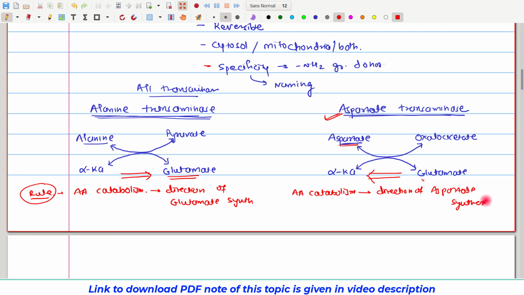So, this thing we have to keep in mind: all the transaminases, including alanine transaminase, whenever amino acid catabolism is going on, work in this direction from left to right, or in the direction of glutamate synthesis, whereas the exception is aspartate transaminase. It occurs in the reverse direction towards aspartate synthesis during amino acid catabolism.